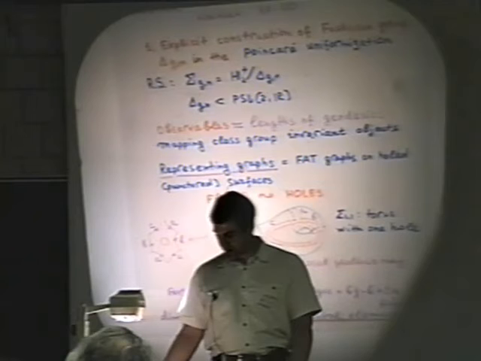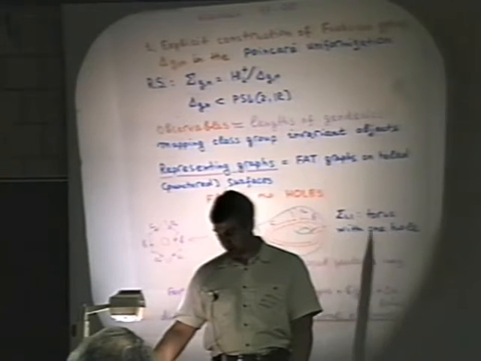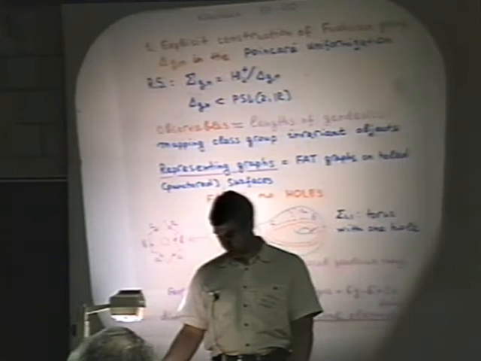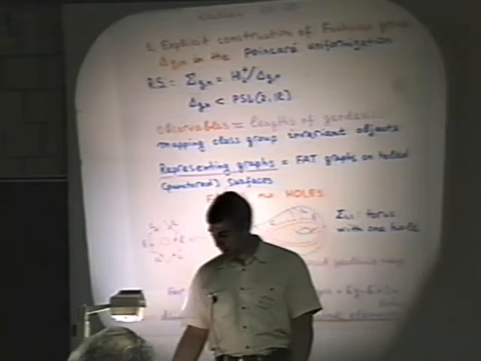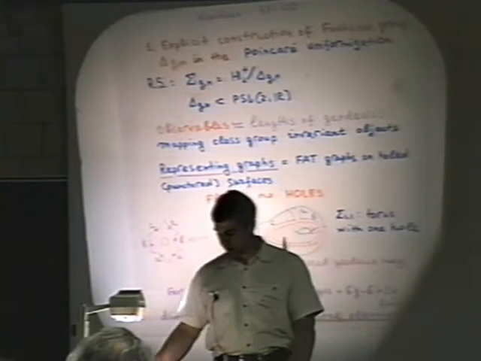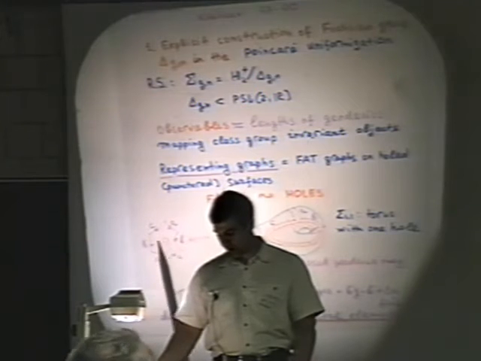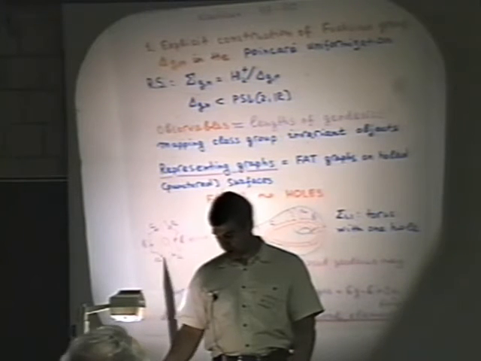For example, you may consider the torus with one hole. It looks like this. And on this torus, I draw the three-valent graph, which makes a partition of it. So we have exactly one boundary component.